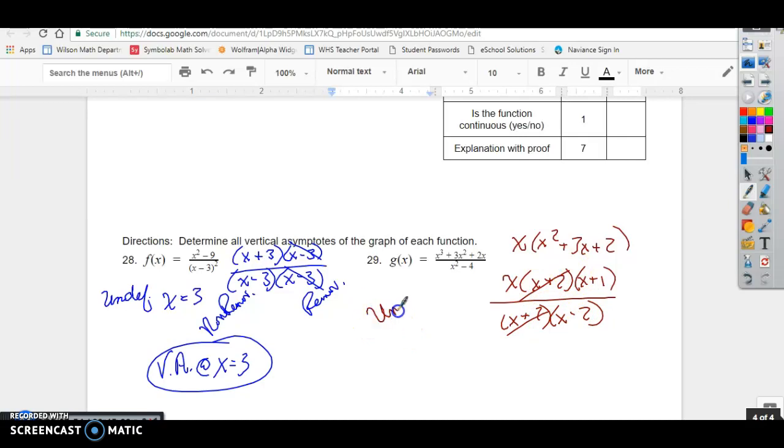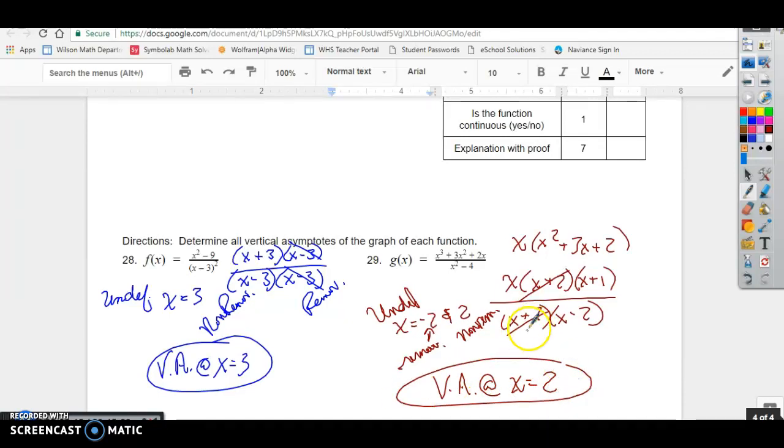So yes, we're undefined at x equals -2 and +2. However, this one's removable. This is your non-removable one. So we will have a vertical asymptote at x equals +2. The one at -2 is canceled out.